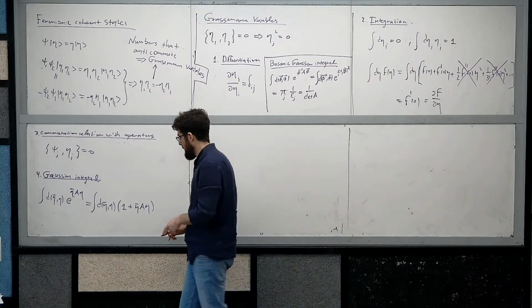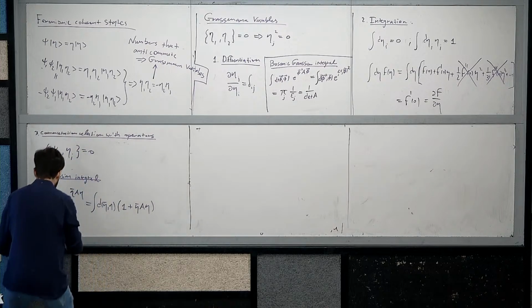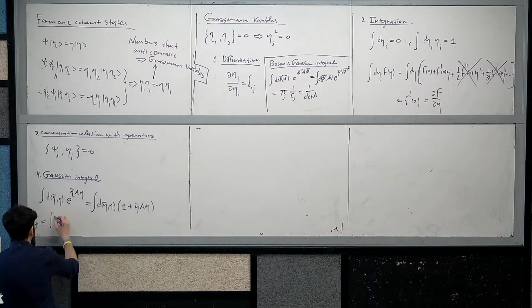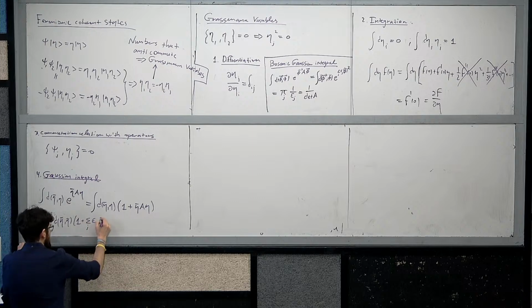So you perform a linear transformation and you get something like an integral d eta tilde bar d eta tilde times 1 plus sum over j epsilon j eta tilde bar eta tilde.